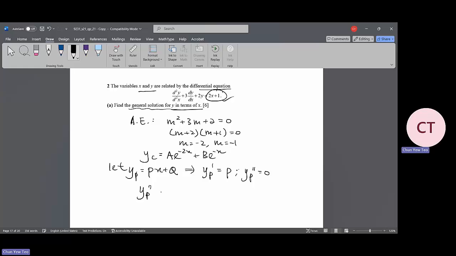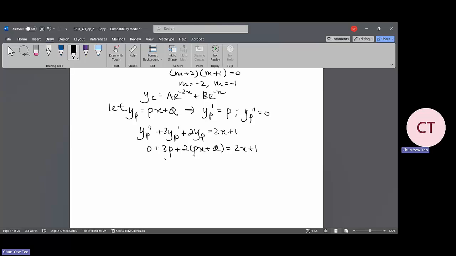It will be yp double prime plus 3yp prime plus 2yp is equal to 2x plus 1. So you will have 0 plus 3p plus 2(px plus q) is equal to 2x plus 1. Expand, simplify, you will have 2px plus 3p plus 2q equal to 2x plus 1.